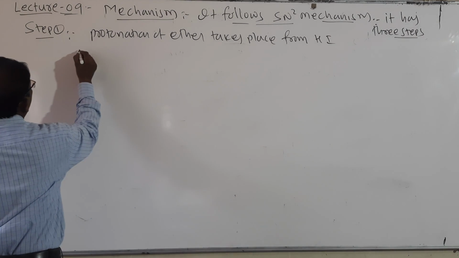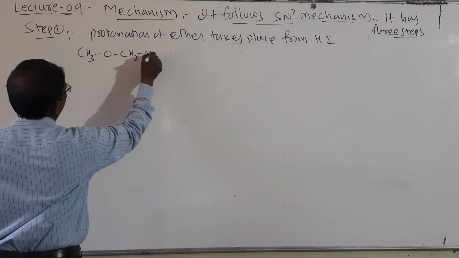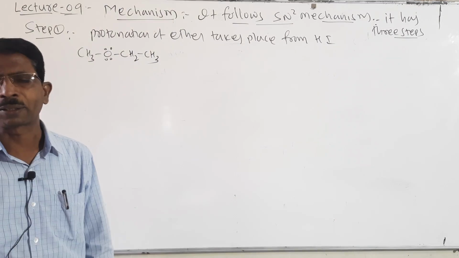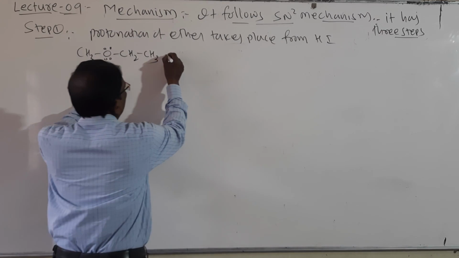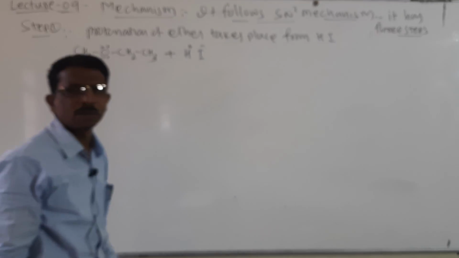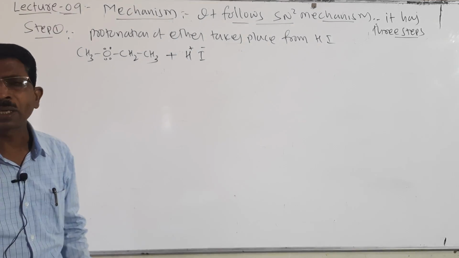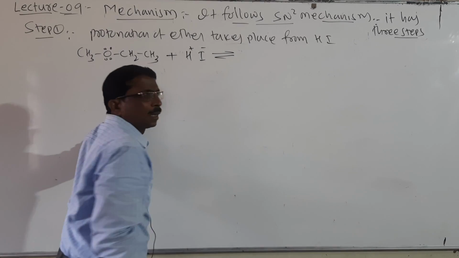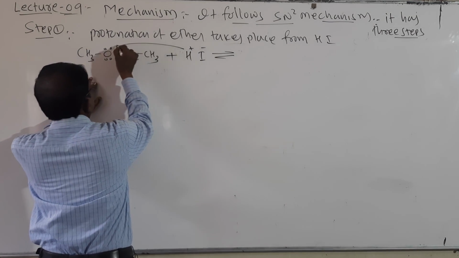Here we take CH3OCH2CH3, ethyl methyl ether. When it is treated with hydrogen iodide, H is plus and I is minus; the H proton acts as an electrophile, and I acts as a nucleophile. This is the slowest reaction here.